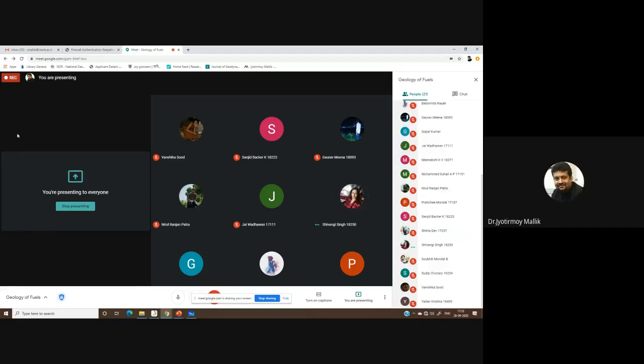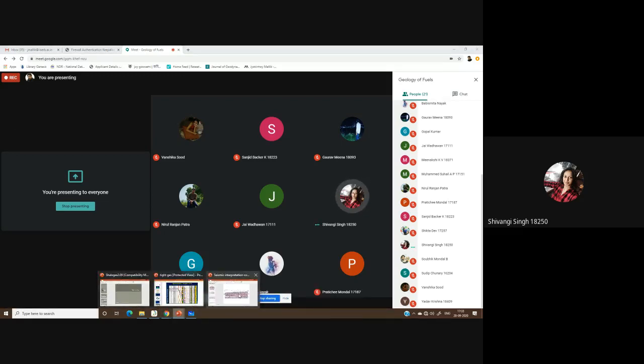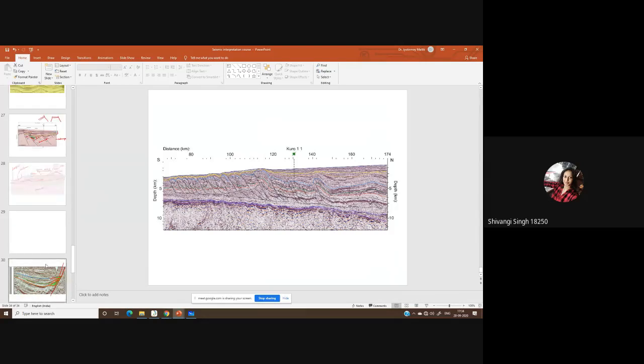Sir, if the area of the trap is too much, like I think in the second one you suggested that the chances of a trap being there is very low. Which one? Sir, the pink one, the pink and yellow one.